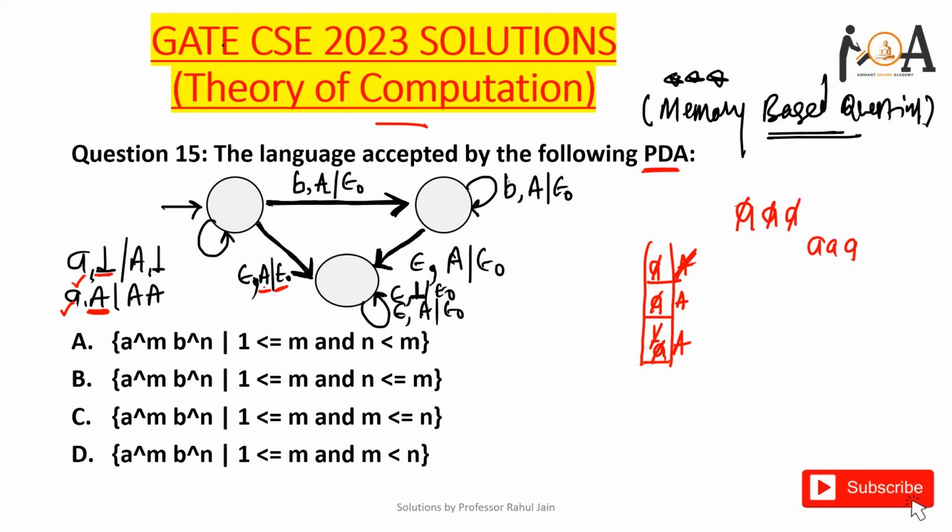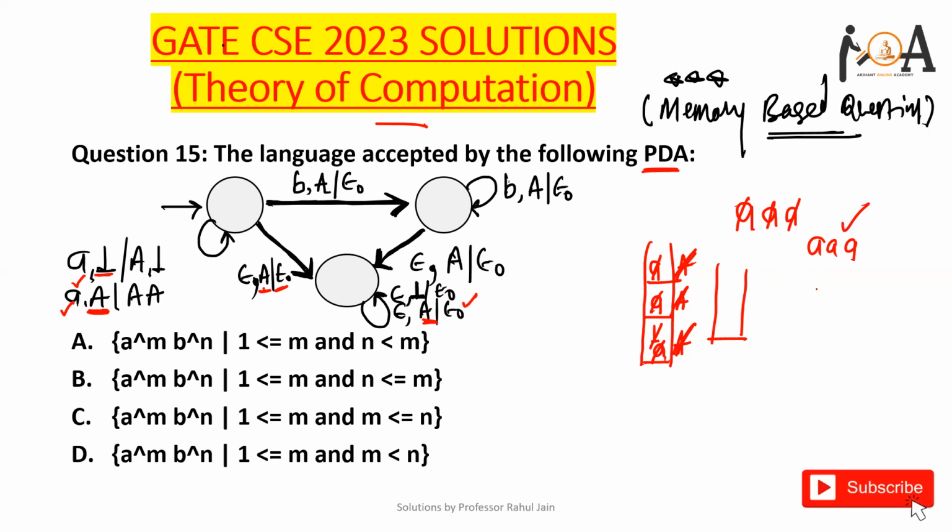If the top of stack is A, I can again make it empty, and again. So right now this stack is empty. It means that triple A is accepted by it.